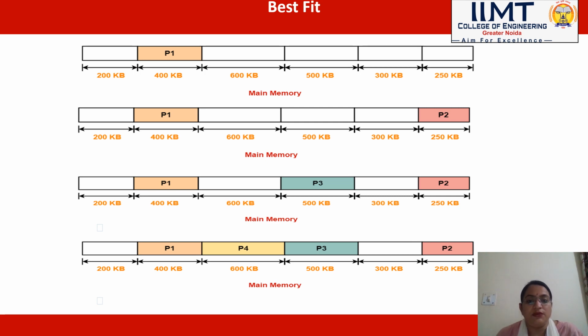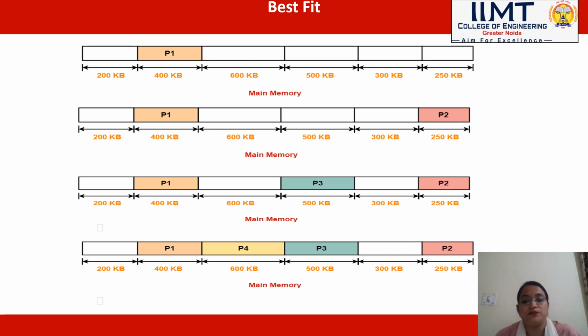Now I would like to explain best fit. P1 has size 357 KB. We check the entire system for the smallest free space to accommodate that process. 400 KB is the smallest size to accommodate process P1, so that hole is allocated to process P1.